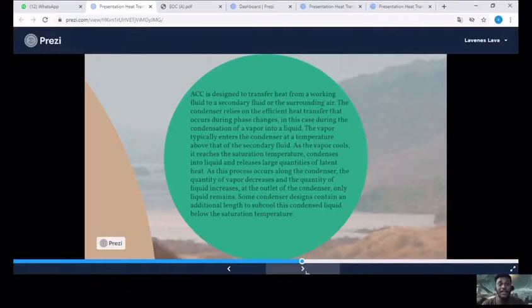The vapor typically enters the condenser at a temperature above that of the secondary fluid. As the vapor cools, it reaches the saturation temperature and condenses into liquid and releases large quantities of latent heat.